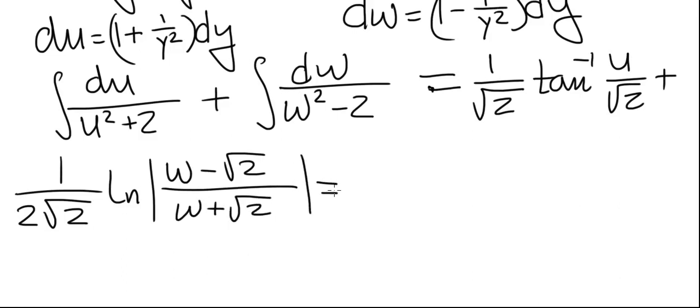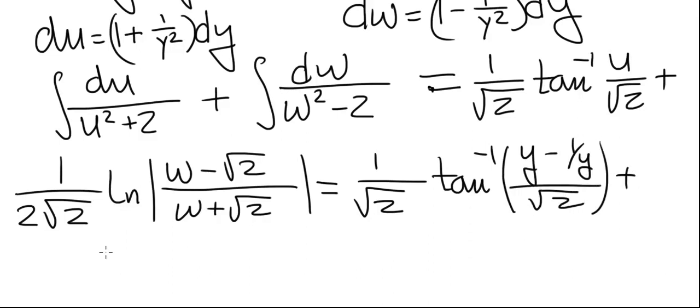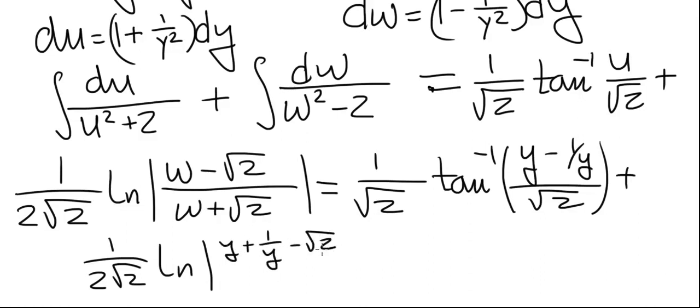And let's substitute. Now recall what u was. u was y minus 1 over y. So this is 1 over square root of 2 times inverse tangent of y minus 1 over y divided by the square root of 2, and then plus 1 divided by 2 square root of 2 natural log absolute value. w was y plus 1 over y minus square root of 2 divided by y plus 1 over y plus square root of 2. Now let's further simplify this.